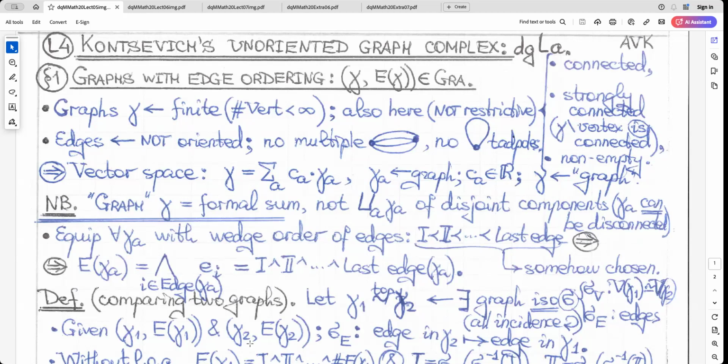And today, our main topic of discussion is graphs, non-directed graphs with finitely many edges and finitely many vertices. And the main message which we as physicists, mathematicians, mathematical physicists profit from this is, suppose that a student comes to you and asks, Professor, give me natural examples of Lie algebras.